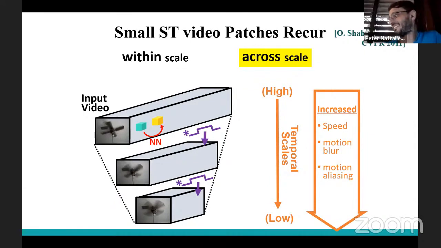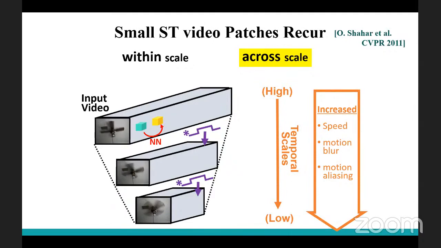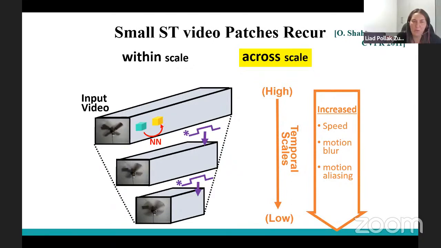So if we have this original input video and we have the coarser scales of it, we know that we can find nearest neighbors, meaning patches of 3 by 3 by 3 or 5 by 5 by 3 that have similar patches within the same video volume.